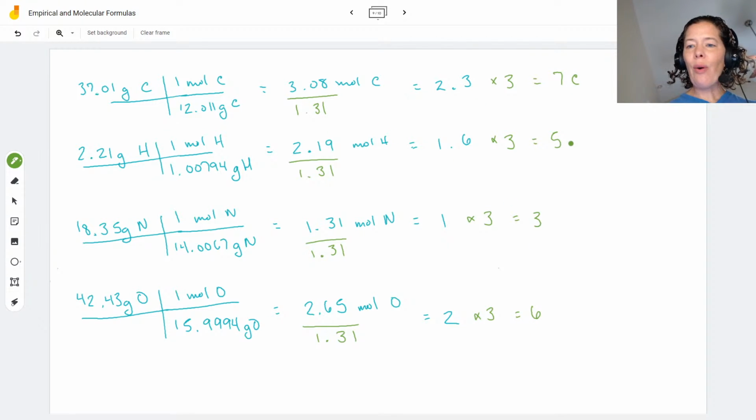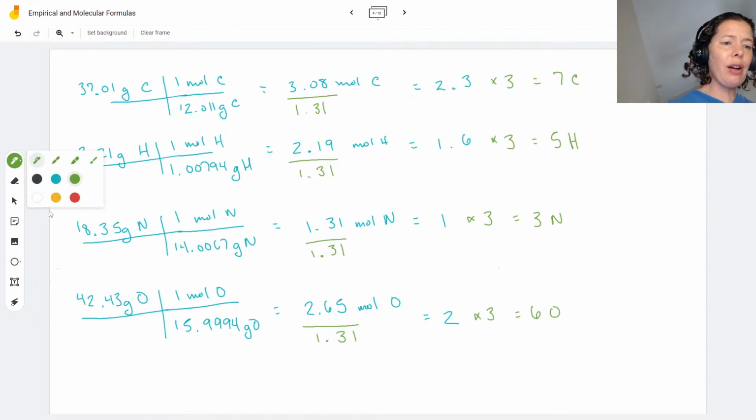So now I have my ratio for my empirical formula. So this is less common than the halves. I feel like having a 0.5 you see pretty often, but when you have either a 0.3 or a 0.6, that means you've got a third. So you're going to have to multiply that one by 3. But you should end up with whole numbers. Again, these have to be whole number ratios.